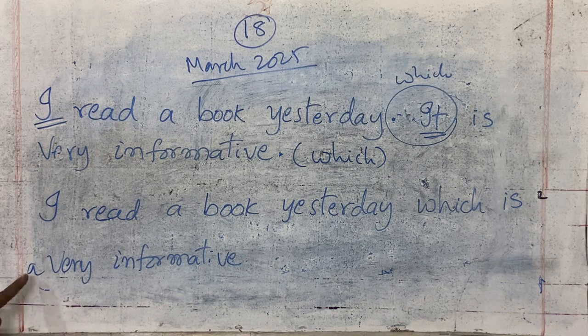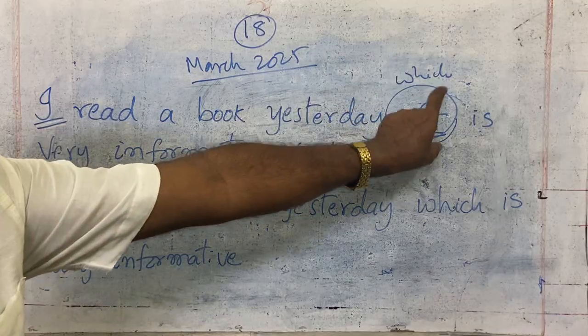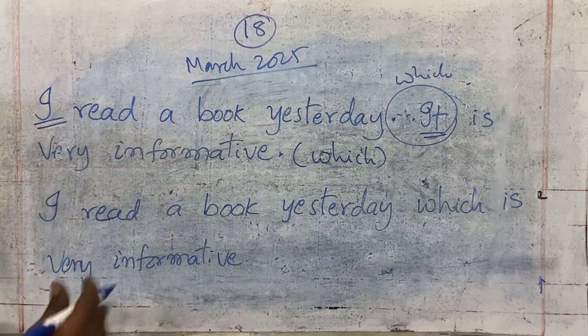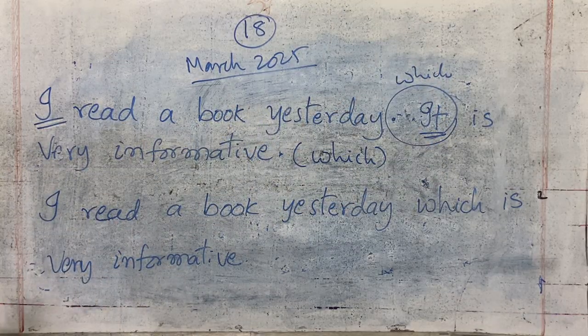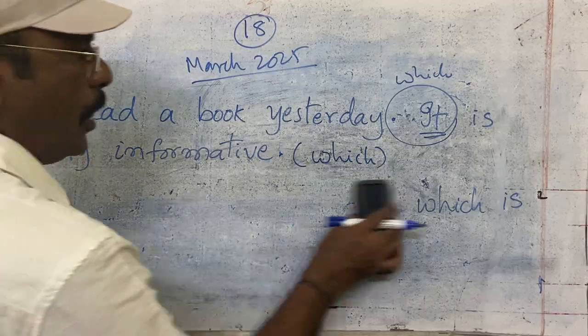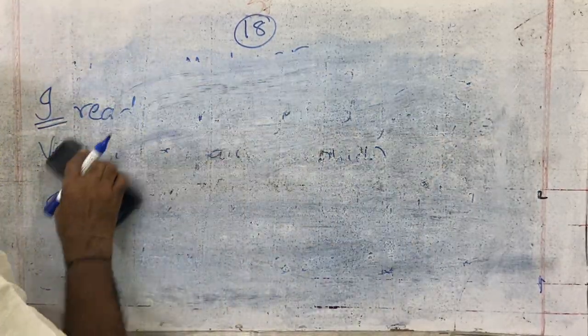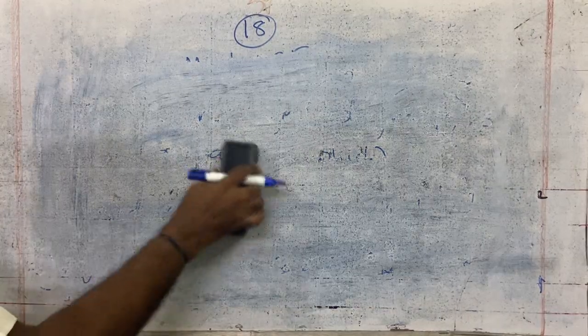So, which is very informative. So, as the subject is different, we are taking it in the middle itself. It's in the model papers. It is given. Now, model papers, whatever is given, I just now told you.